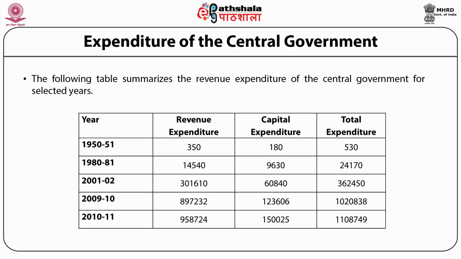Capital expenditure was to the tune of 1,50,025 crores and the total expenditure was 11,08,749 crores. There has been a tremendous increase in the expenditure of the central government, particularly in the revenue expenditure financed through current taxation and other current non-tax revenues.